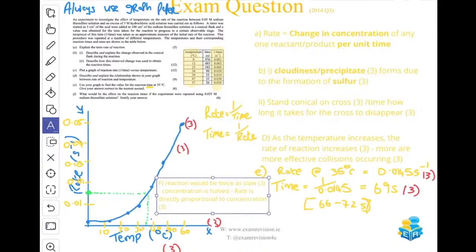So rates of reaction is a good question to have in your back pocket. Rates of reaction can come up in question 3 in section A, but it can also come up in questions 10 and 11 on the paper. So that's where I'm going to finish up with rates of reaction for today.